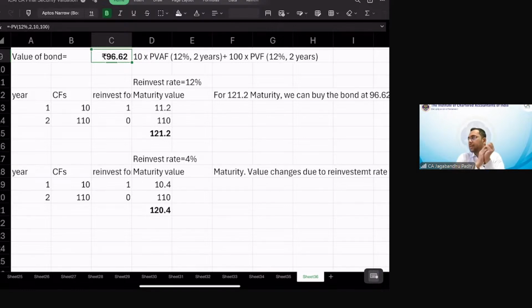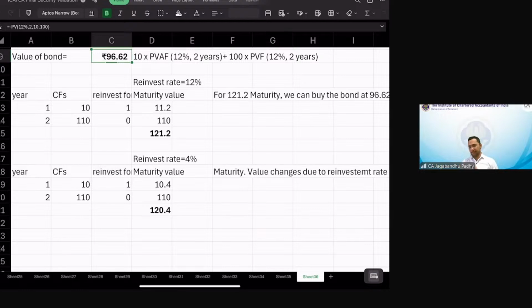Sometimes some of the students may point out something like this. Let's not buy a 2-year bond. Rather, let's buy a 3-year or a 4-year bond today, and then sell that bond in the second year in the market.